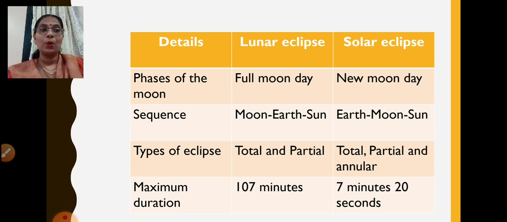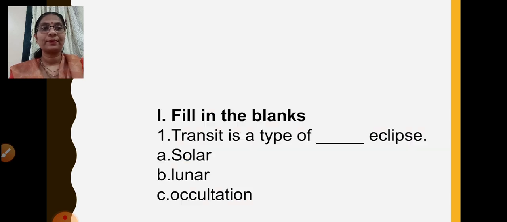Okay. Now going ahead, we are going to see what types of questions can be asked in your exam. Okay, so the first question will be fill in the blanks. In your SS paper, whether it is history or geography, children, you are just going to click on the correct answer.